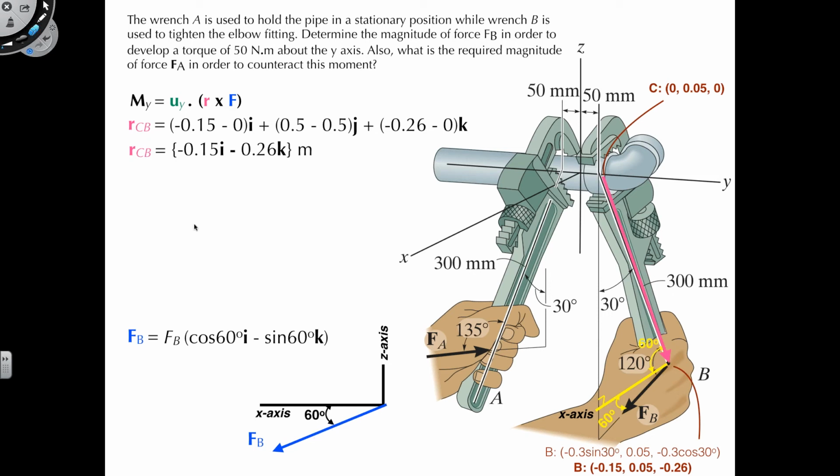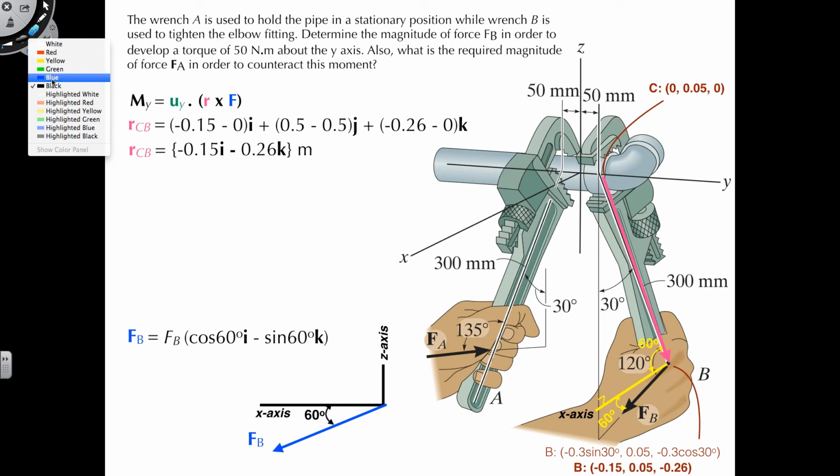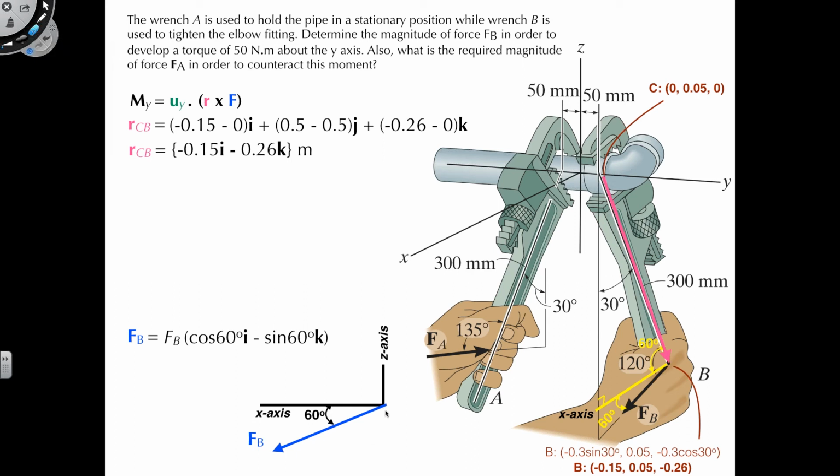The x component, let me draw this. We want this component here, and this component. Clear? So this is FBx and this is FBz.